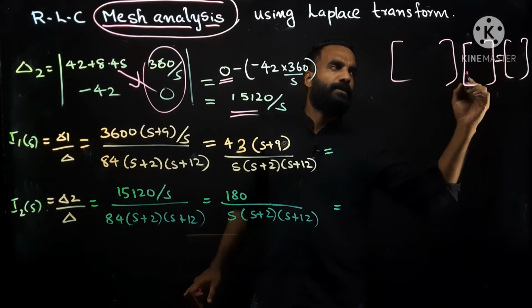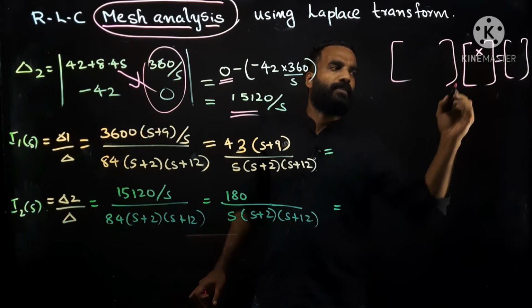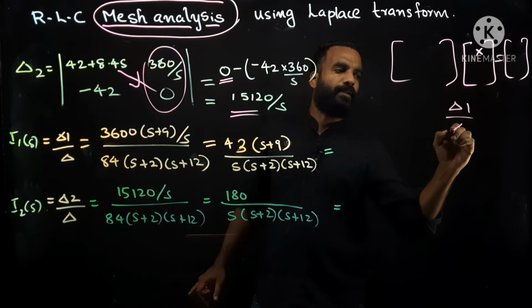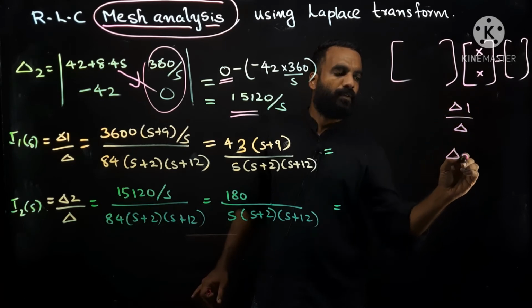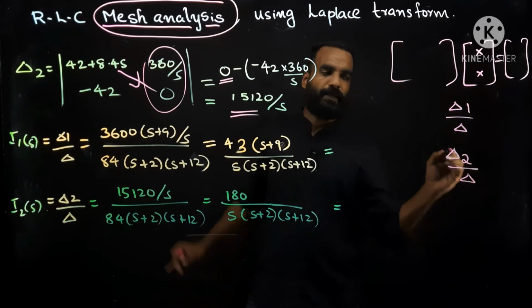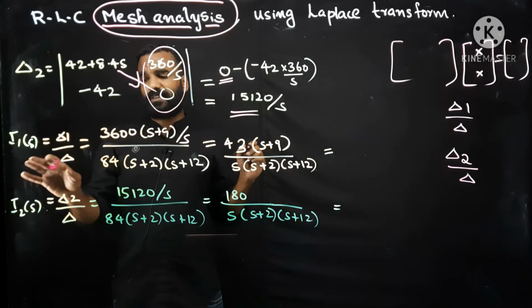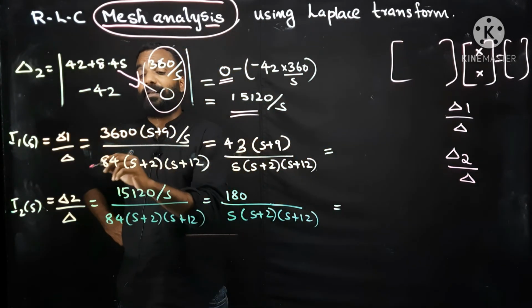So I1 of s is equal to delta 1 by delta.